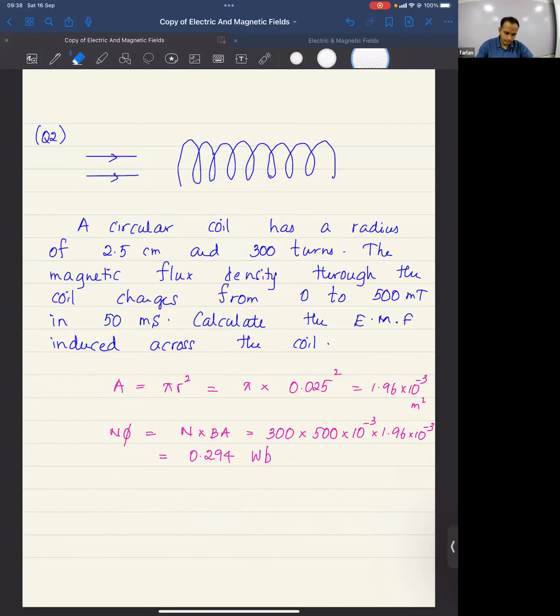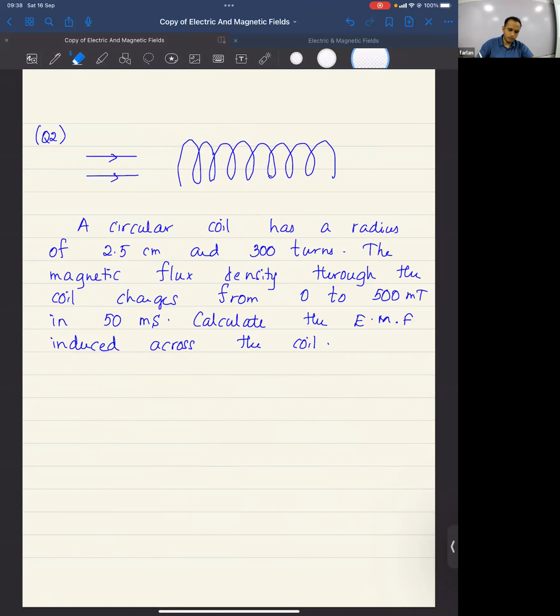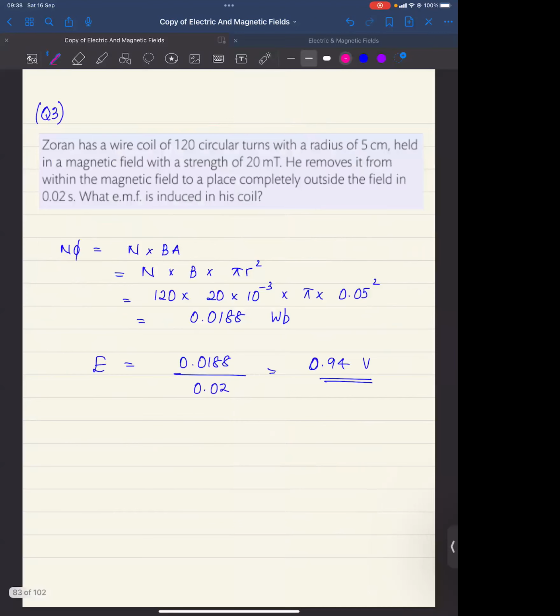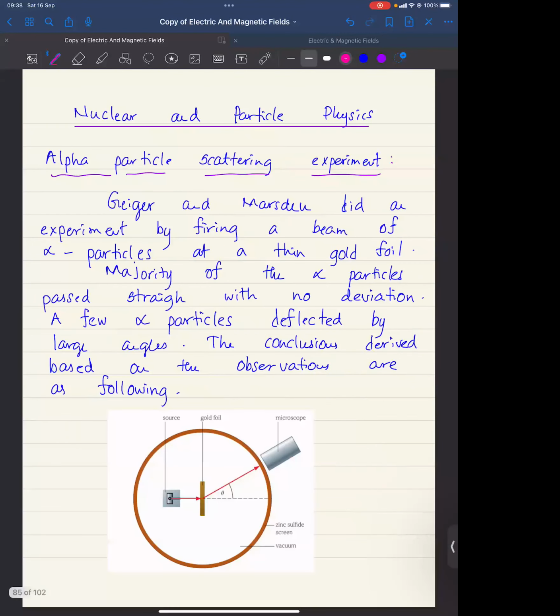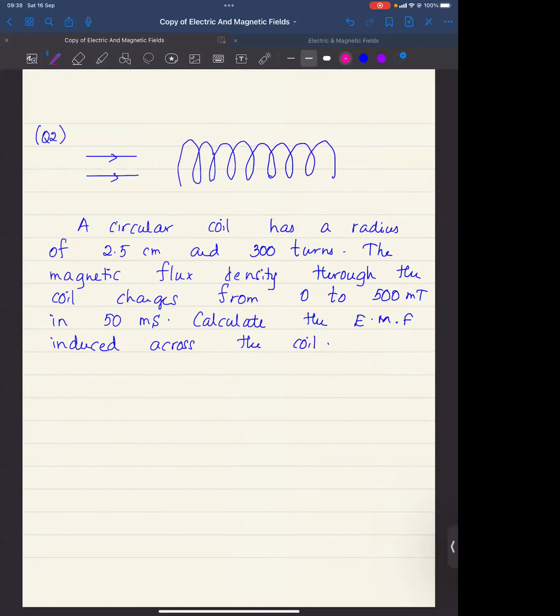A circular coil has a radius of 2.5 centimeters and 300 turns.